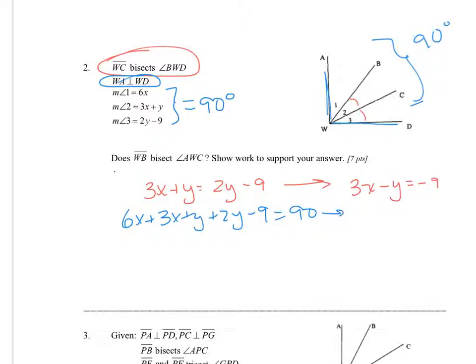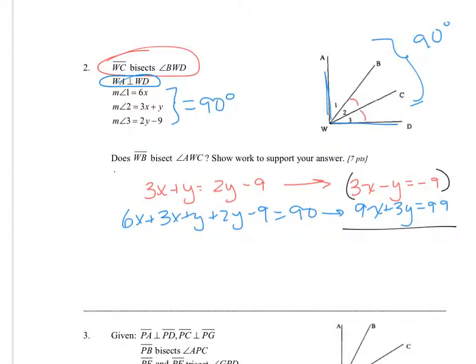And this one I'm just going to simplify. 9x plus 3y equals 99. Notice I just swung this negative 9 over here, and I added it to both sides. Okay, and this system of equations, you could either substitute, or it sets up pretty nicely for elimination as well.